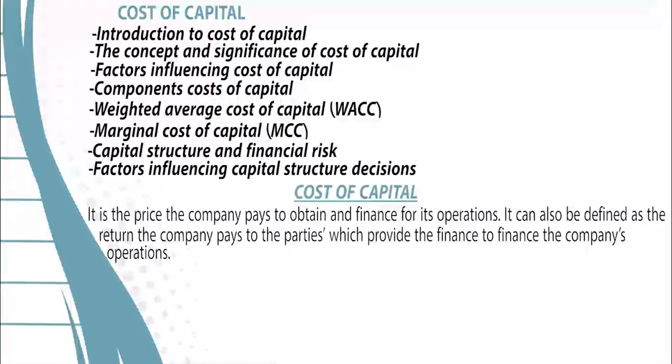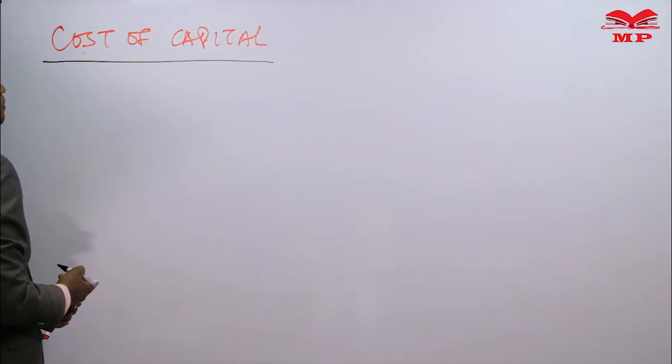It can also be defined as the return the company pays to the parties which provide the finance to finance the company's operations. The costs of obtaining finance are known as the implicit or the flotation costs.